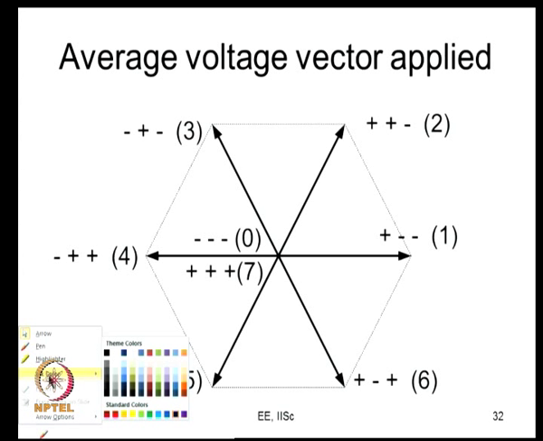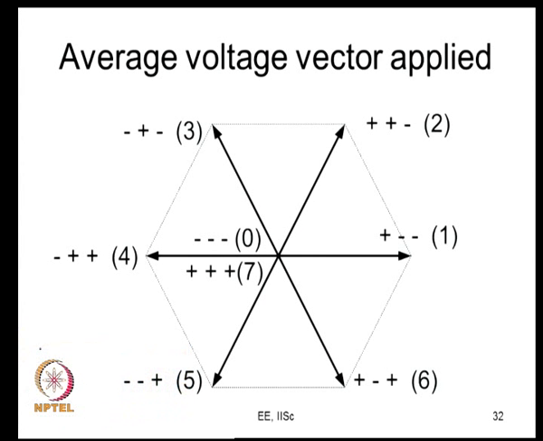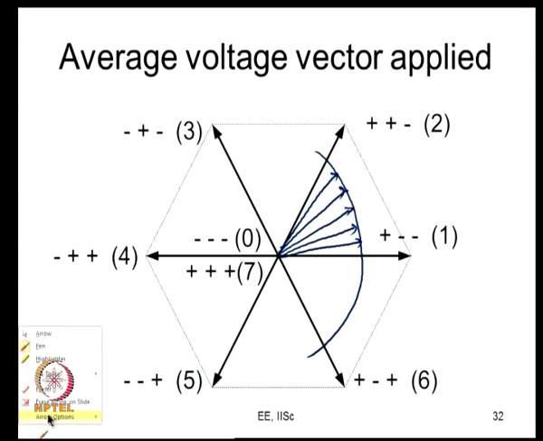Let us go further. So, what does it really mean? Let us say we are looking at linear modulation, this would have been a circle like this, and in the different subcycles you would have applied vectors like this. Now, what is happening? You may have applied some vector like this and some other vector like this, again some other vector like this.